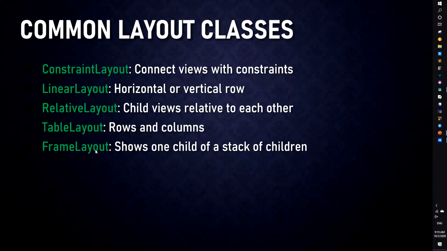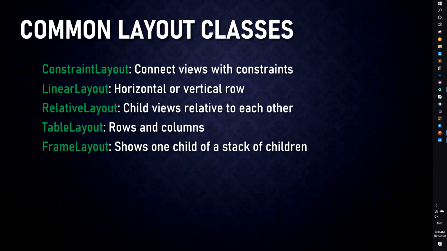And the last one here is the frame layout, which shows one child of a stack of children. For example, let's take a photo album app. In a photo album app, you can see just one image at a time, right? You can swipe to the left or right to see the next image.